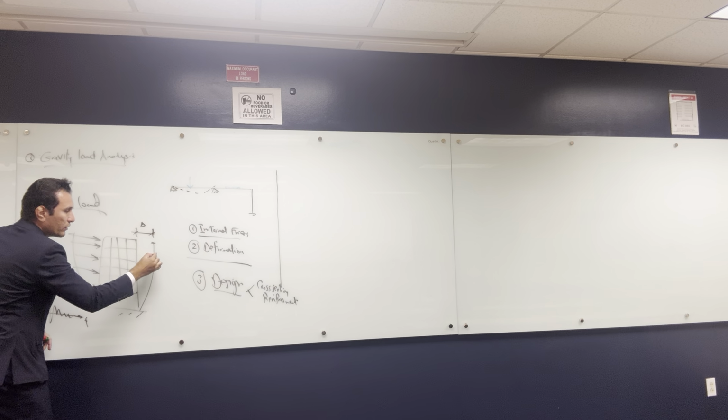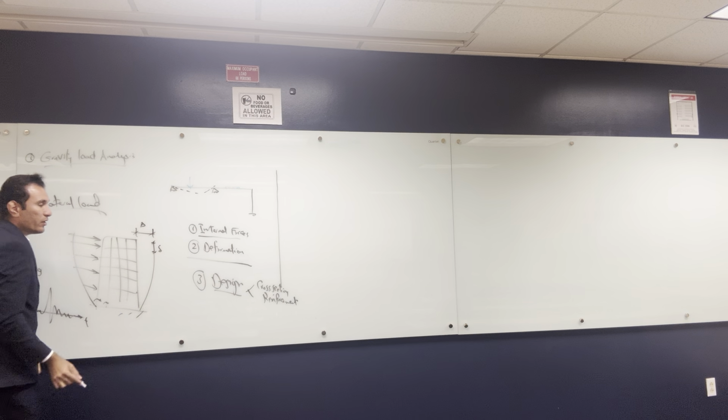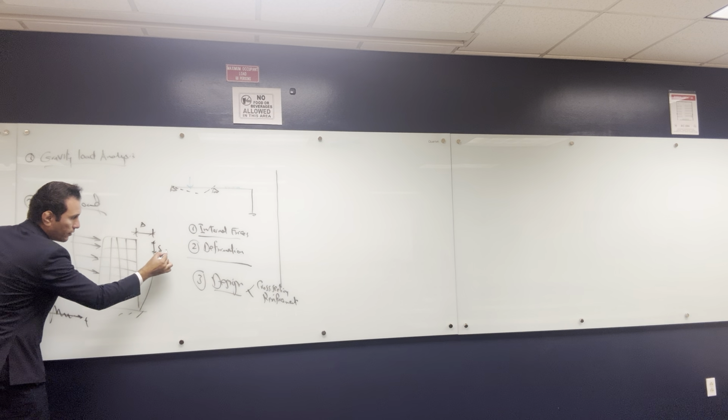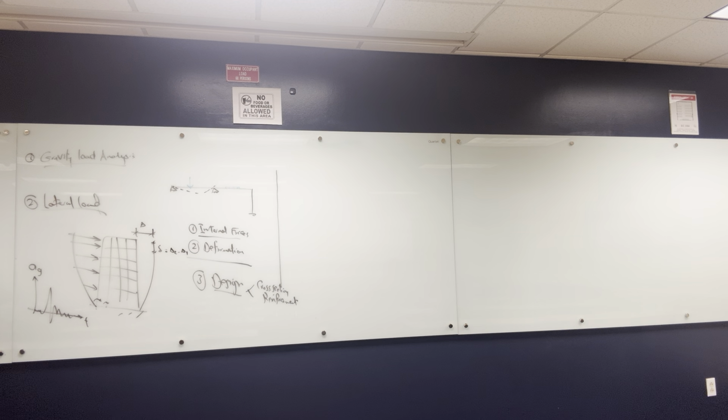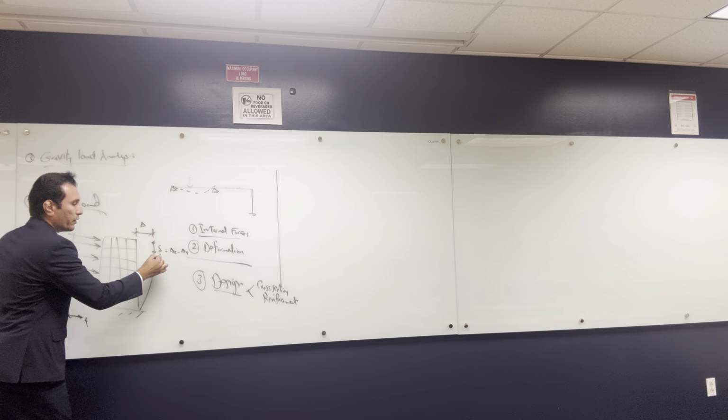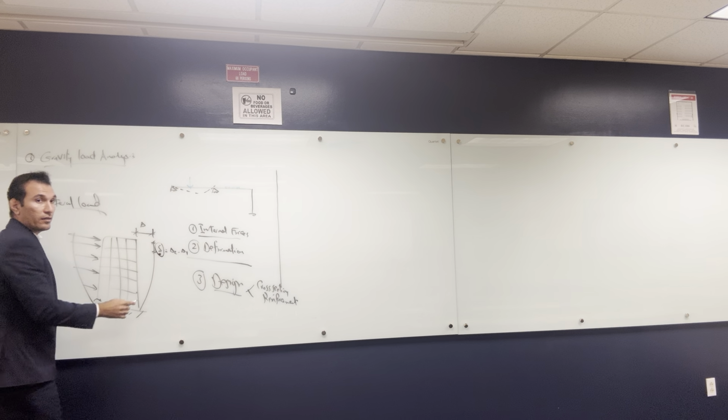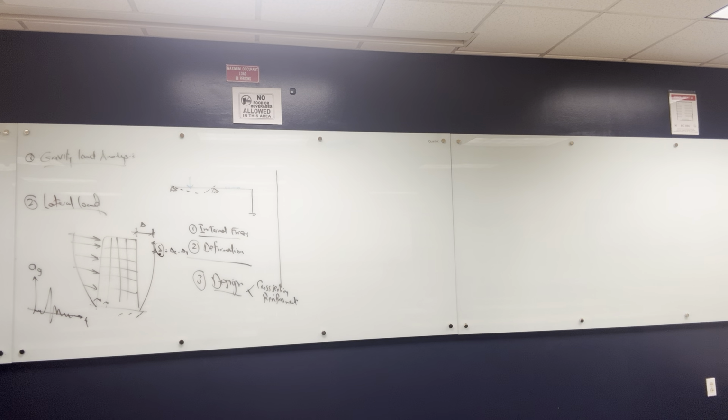The inter-story drift between the floors, like how much this delta 2 minus delta 1, that's what we are looking at, okay? Usually for tall buildings in earthquakes, there's a limitation on the inter-story drift. Delta tells you the inter-story drift should not exceed a specific value.